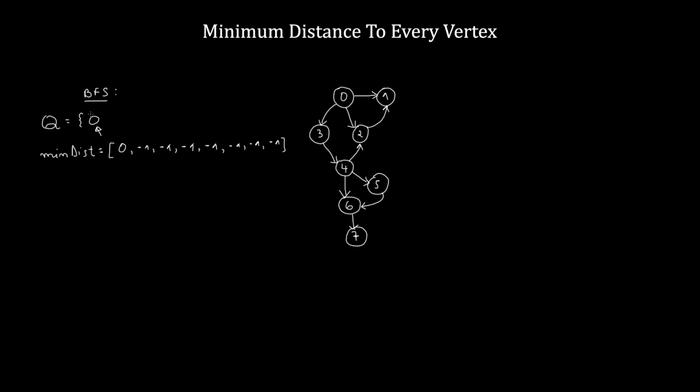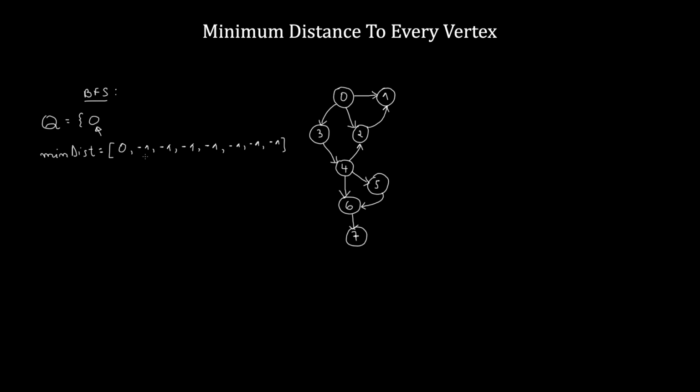So, for vertex 0, of course, we won't know the order in which we will have these neighbors in the adjacency list. Let's suppose 1 was the first neighbor. We will check, has vertex 1 been visited before? No, it hasn't. Its minimum distance is -1.